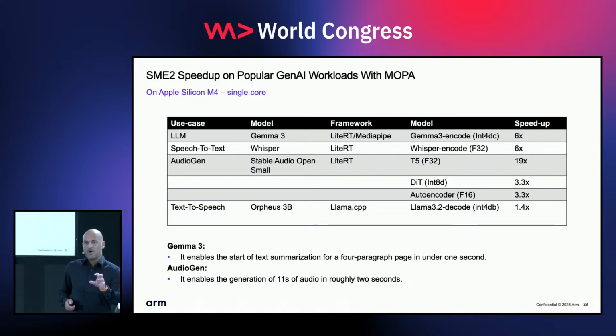To give a bit of context, this means that, for instance, if you're using Gemma 3, it will enable text summarization in just a few seconds. So you basically start seeing the text on the screen in just a few seconds to summarize a 4-paragraph page. In the case of AudioGen, it means that you get 11 seconds of audio in roughly 2 seconds.